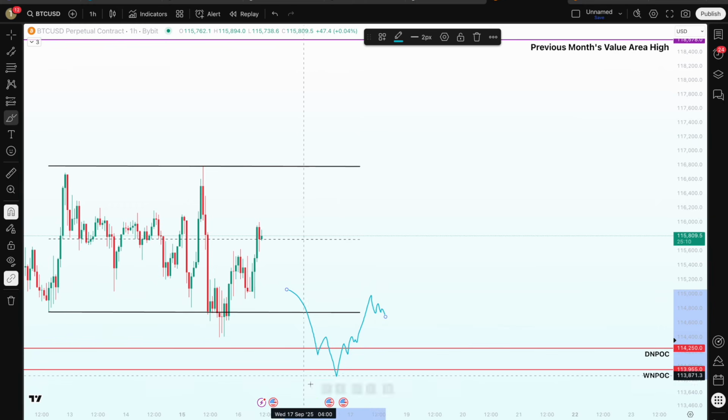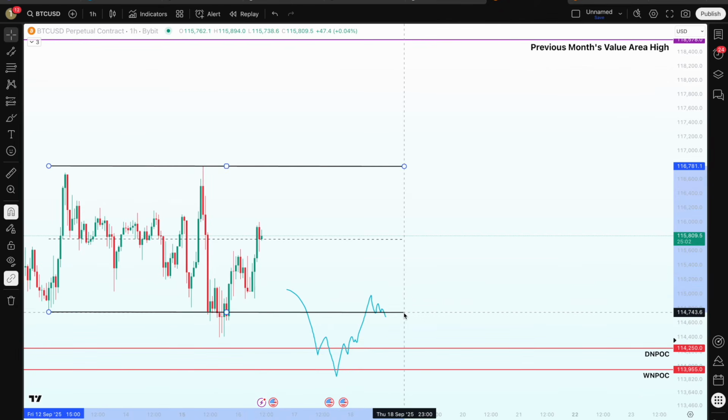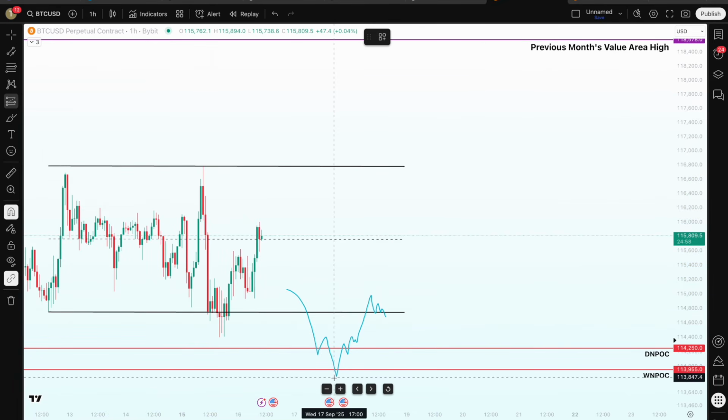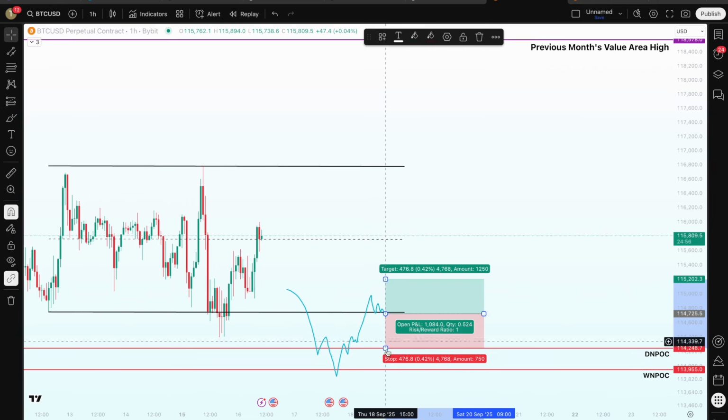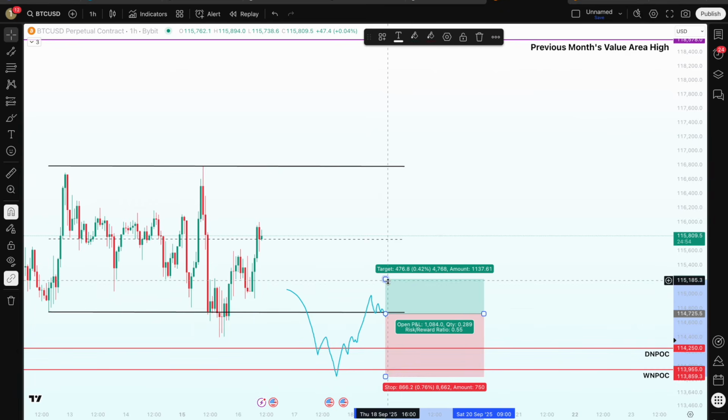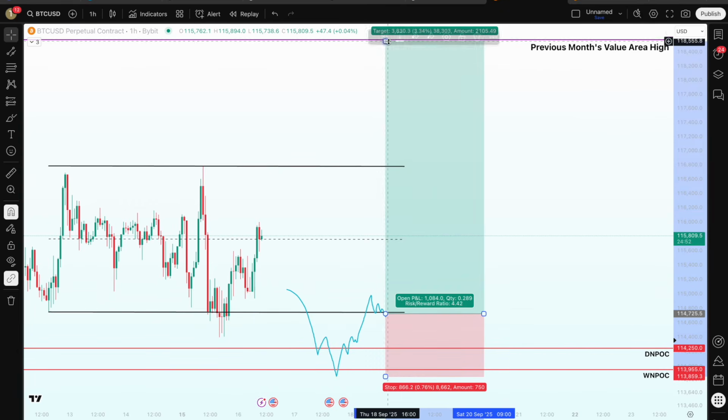I'm waiting for price to hit this level, have a reaction, and then reclaim this range. And if I see this reclaim after hitting a major level on the chart, this is a pivot, this is my entry, and then this is my target, 4.4R.